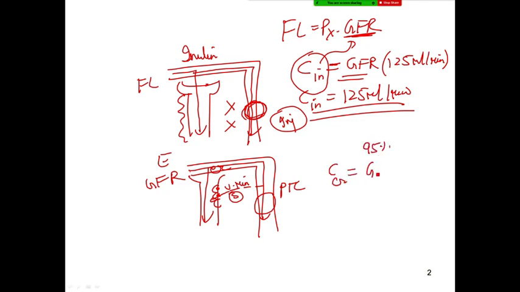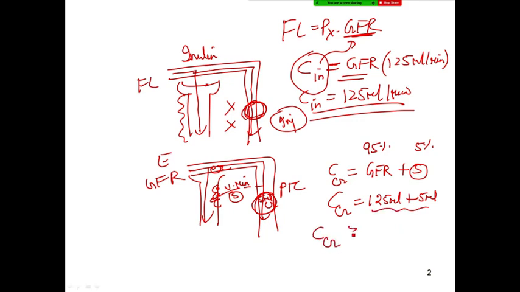Approximately 95% depends on GFR and a 5% more gets secreted. So what will be the volume of plasma which removes creatinine? It will be 125 ml plus, say 5 ml more of plasma removed creatinine, because a small amount got secreted. So therefore, clearance of creatinine will be slightly more than GFR. Say it's around 130 ml per minute, but it's close enough.